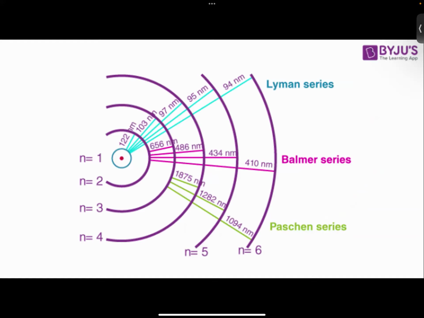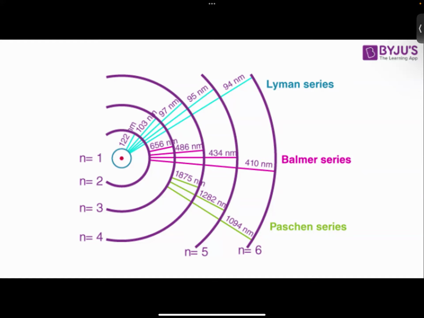That series where it relaxes to n equals 2 is called the Balmer series. It's the series of radiation that gives off visible light. But you can get other types of radiation given off when the electron relaxes.